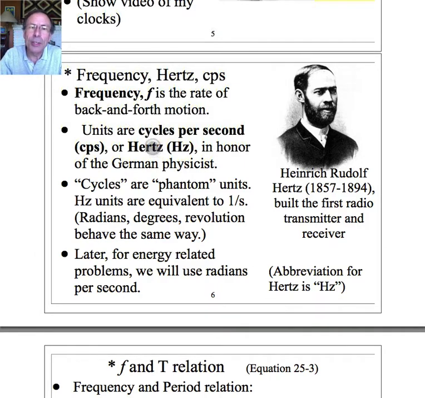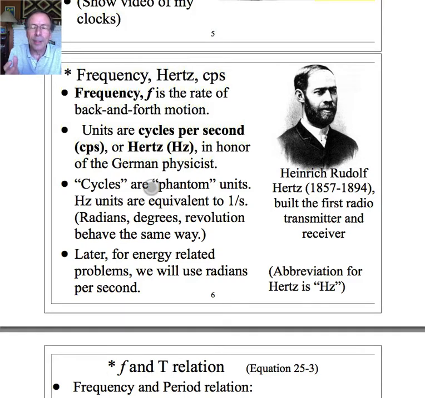And about 50 years ago, the unit of cycles per second was renamed the hertz in honor of the German physicist Hertz, who built the first radio transmitter and receiver. Now, the cycles part of hertz are phantom units.